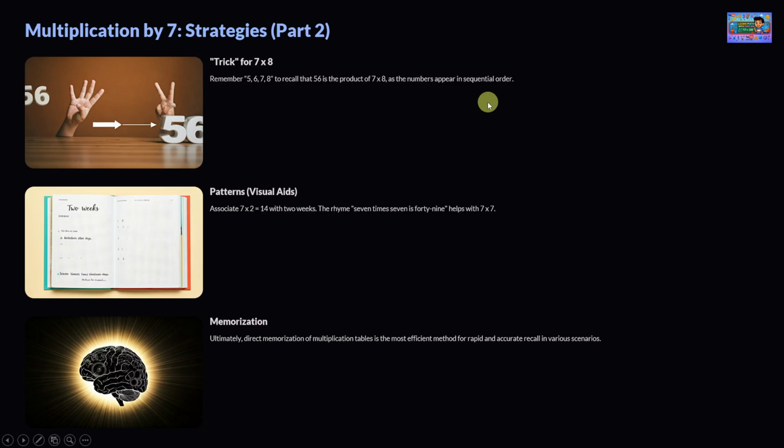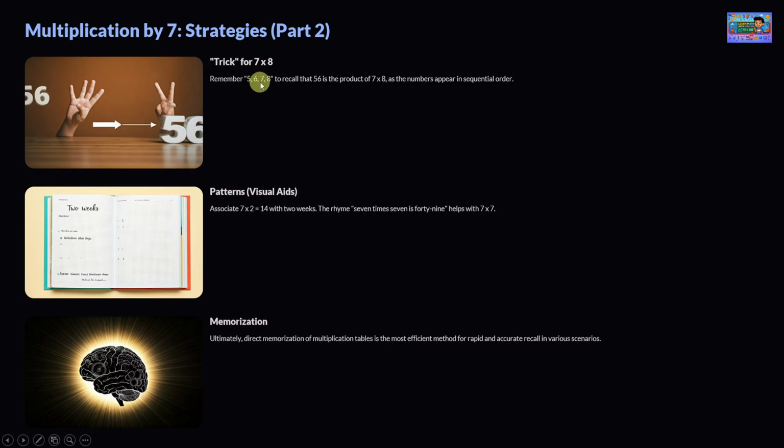Multiplication by 7, strategies, part 2. Triple 7 divided by 8: we have 5, 6, 7, 8 to recall that 56 is 7 times 8, which has a nice sequential appearance.